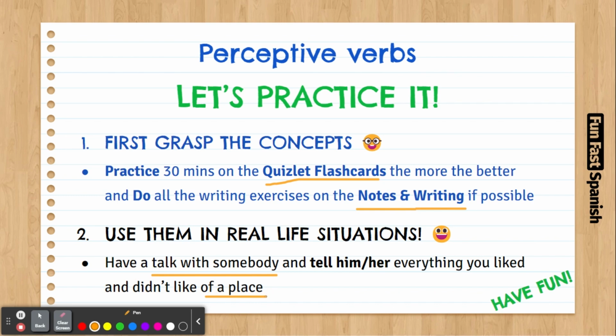So think about it. It could be one of your trips, it could be any place, but you can also talk about a situation, or even a person, a concert, a moment. You can talk about everything you liked and didn't like, in past tense. Okay, if you want to be bold, if you like a person, tell the person me gustas. That'll be good. Have fun.